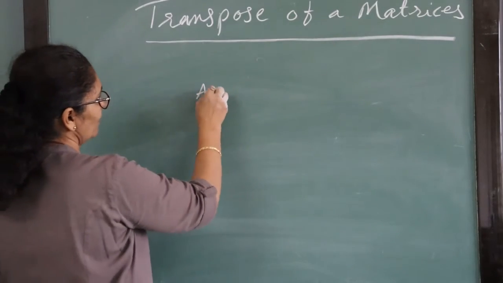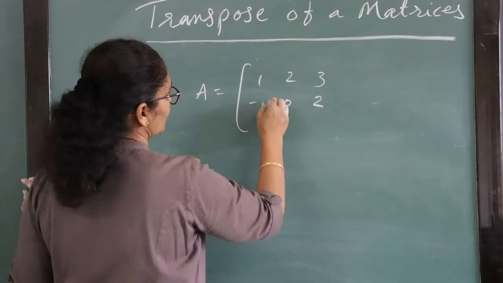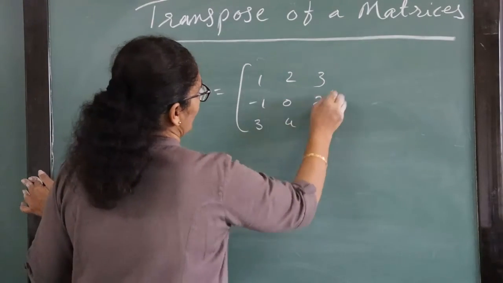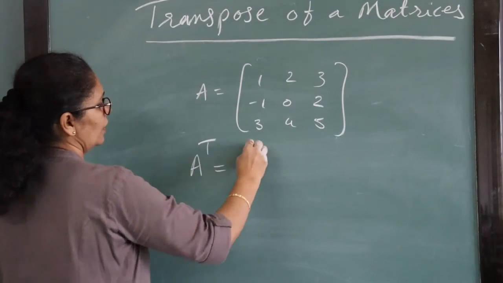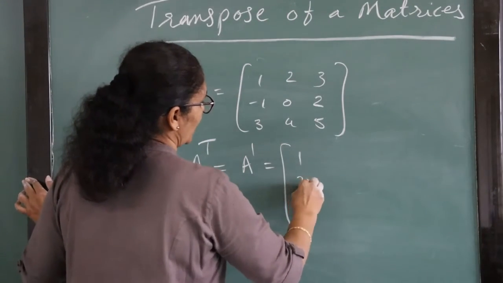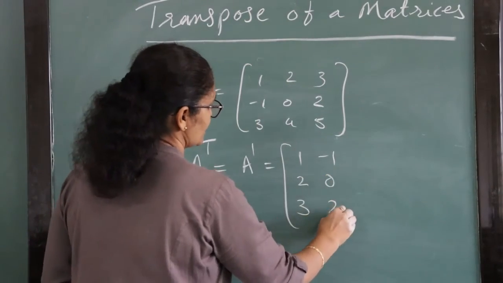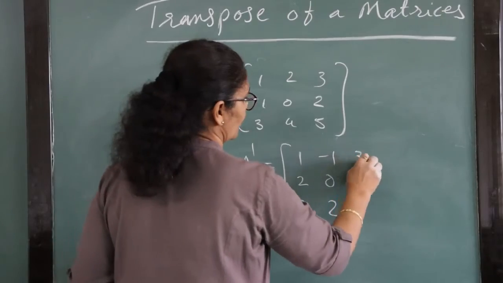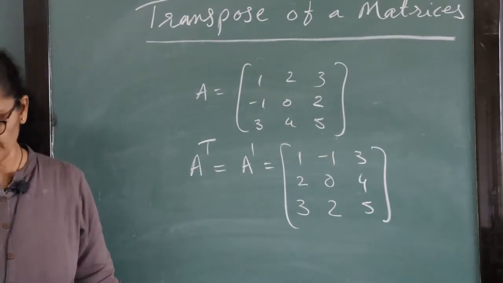Let me give you one example for 3 by 3 also: 1, 2, 3, minus 1, 0, 2, 3, 4 and 5. How can I write its transpose? I have to write the first row as the first column, the second row as the second column, and the third row as the third column. This is called the transpose.